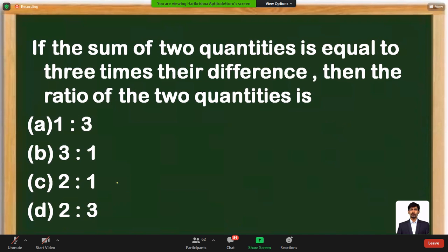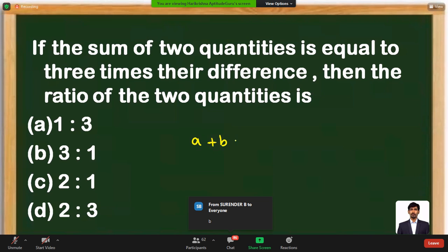Look at the next question available on the screen. Sum of the two quantities is equal to 3 times of their difference.